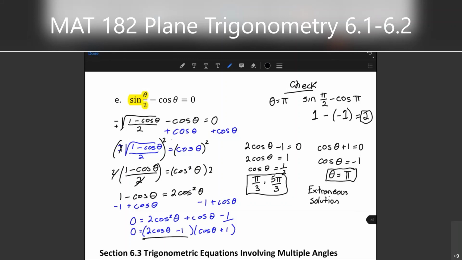The other 2 will be valid solutions if you double check those in the equation. So these are true solutions. But theta equal to pi here is going to be an extraneous solution, which we would not include in our solution set. So specifically when we're working with half angles, make sure that you are careful with those.